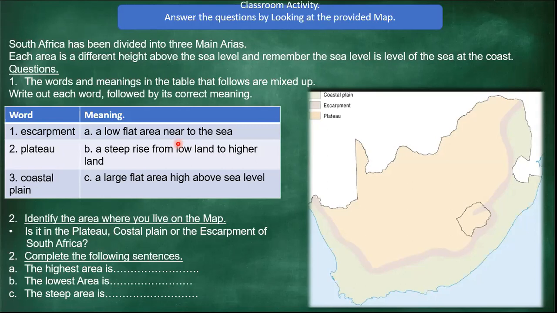Thank you, Michael. Clap hands for yourself. On the group chat, Faith says that the steepest area is the escarpment. Let's move. The last question.